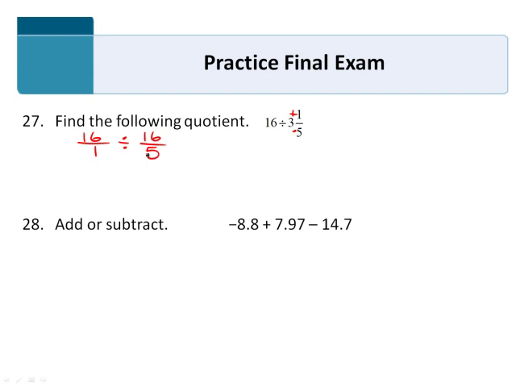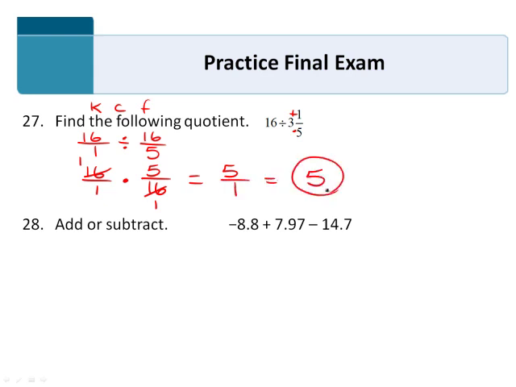Now, it's still division, so now you want to do keep, change, flip. So we have 16 over 1 times 5 over 16. You flip the second one only. We don't have to worry about any signs. So I'm going to cancel my 16s by 16. That just leaves 1. On top we have 1 times 5 would be 5 over 1, which is just 5.